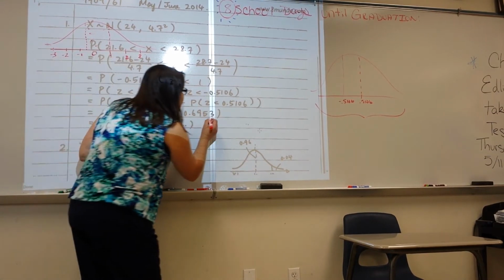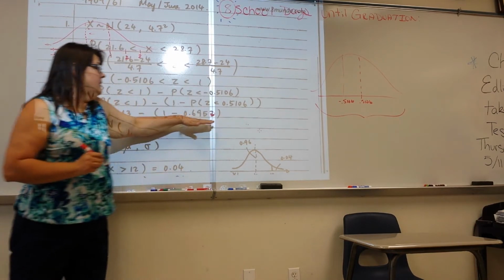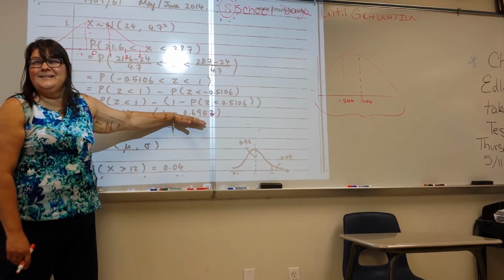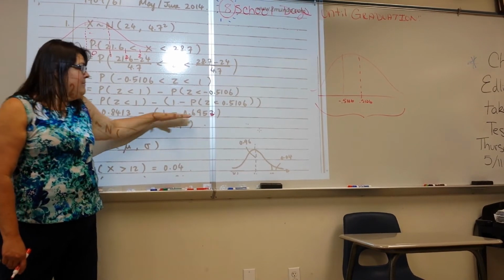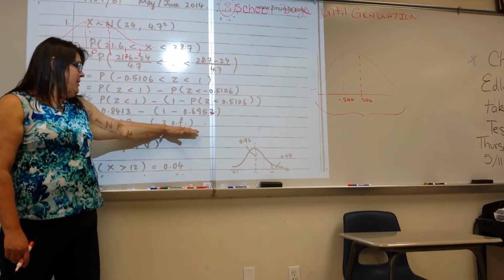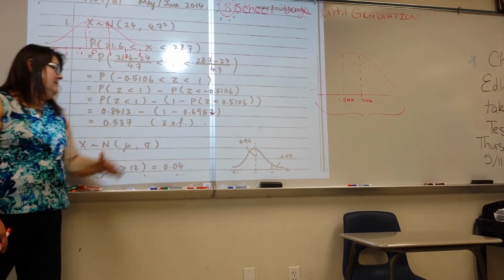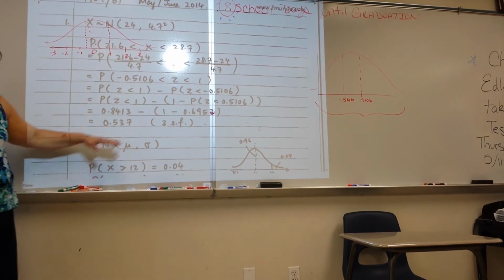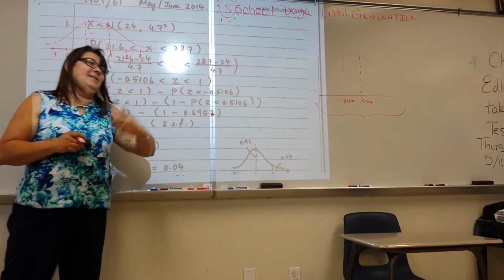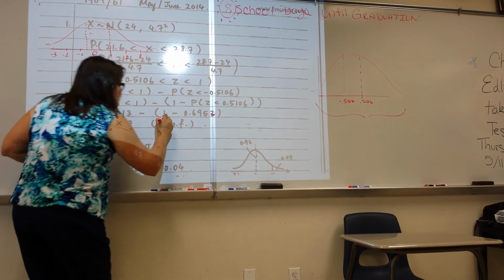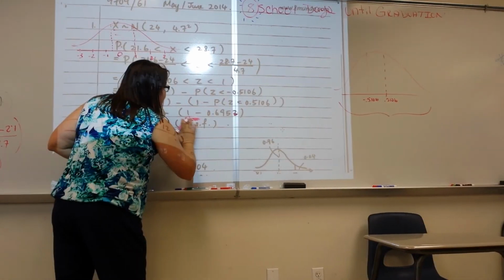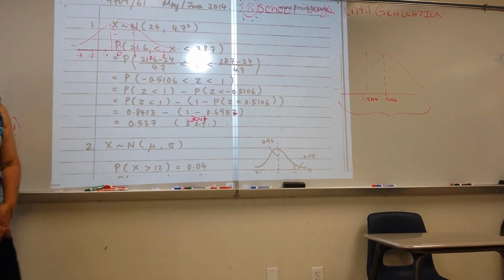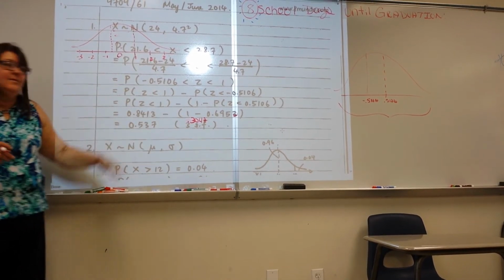So it's 1 minus that. So you end up with 1 minus that number, which is 0.3047. Yeah, that's what we're looking for, 0.3047. And that's what you had told me a second ago. And so that minus that gives you your actual answer.